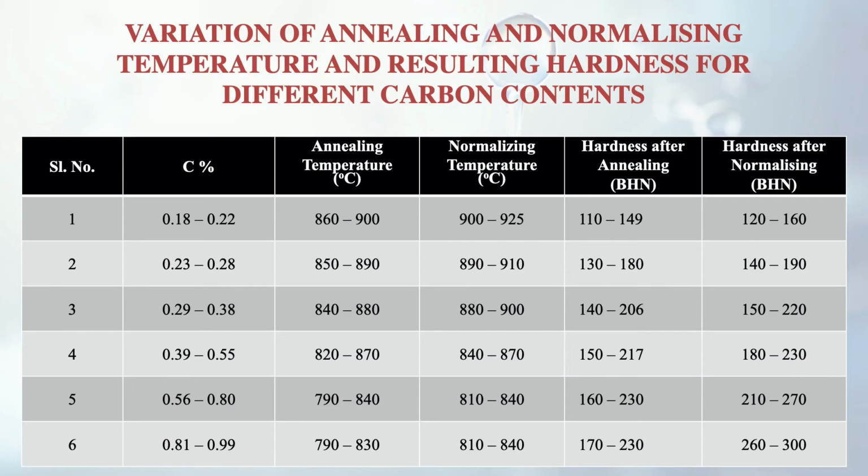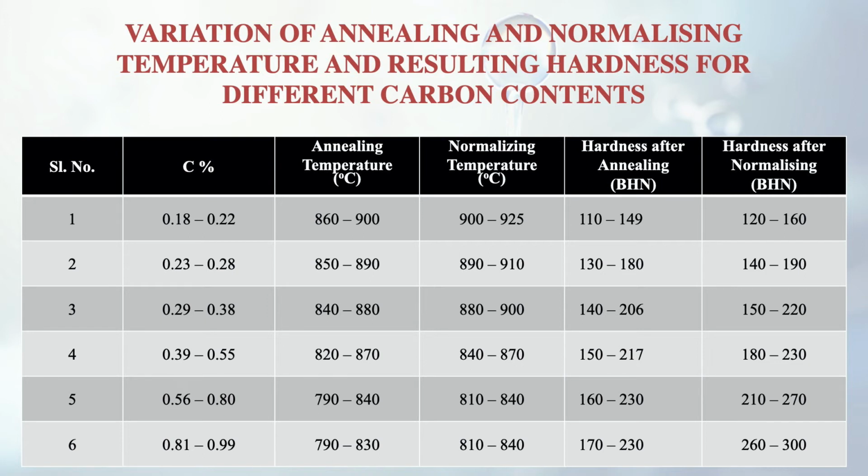Further, one more table where you can see the variation of annealing and normalizing temperature and the resulting hardness for different carbon contents. So you see here, like 0.18 to 0.22% carbon, the annealing temperature is 860 to 900 and the normalizing temperature is 900 to 925.